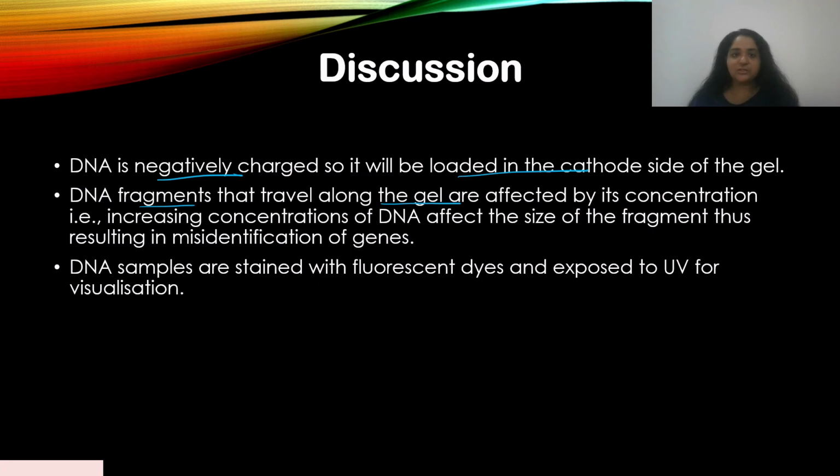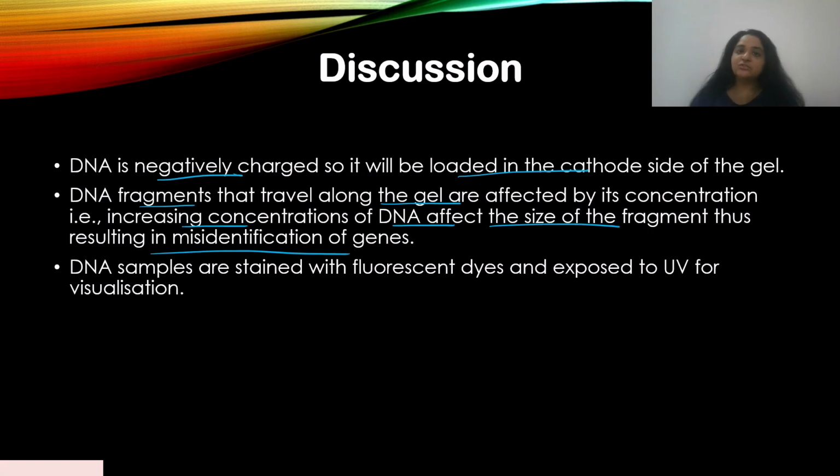In the agarose gel during gel electrophoresis, for example, if you have too much concentration of the DNA, the increasing concentration of DNA affects the size of the fragment. It has been found that it affects the size of the fragment, thus resulting in misidentification of genes. So if you concentrate the DNA too much and add it into the gel, and you want to find the correct base pair length of the fragment, you will not be able to find it if it is very concentrated.